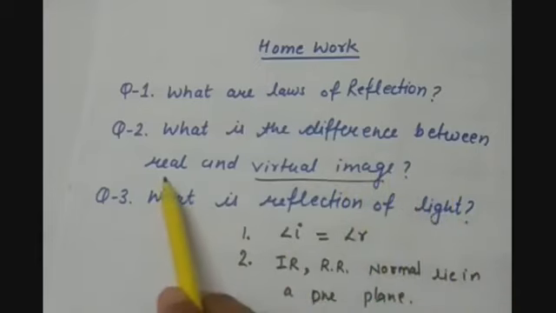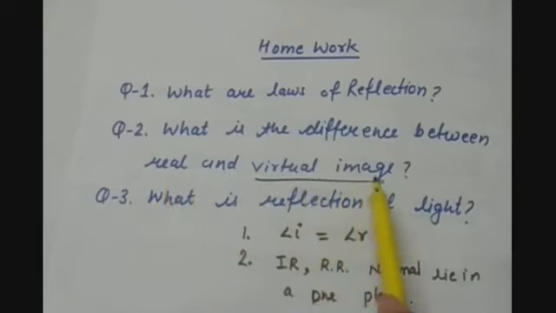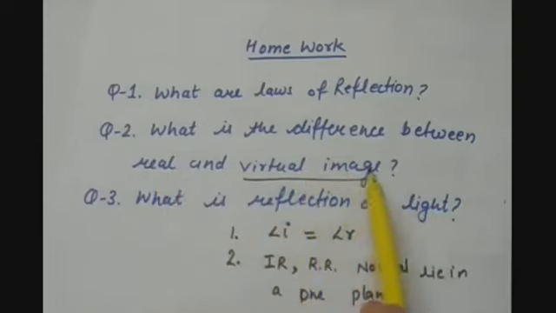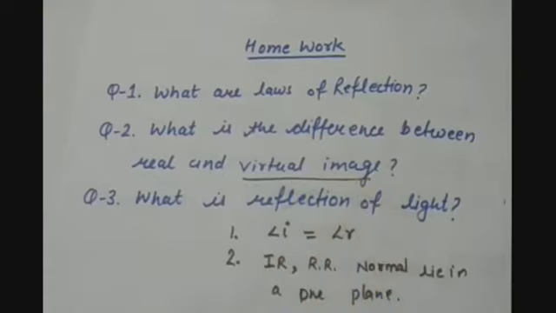Real images can be obtained on a screen, whereas virtual images cannot be obtained on a screen. Real images are always formed in front of the mirror, whereas virtual images are formed behind the mirror. Real images are always inverted, whereas virtual images are always erect. So these were the differences between the 2.